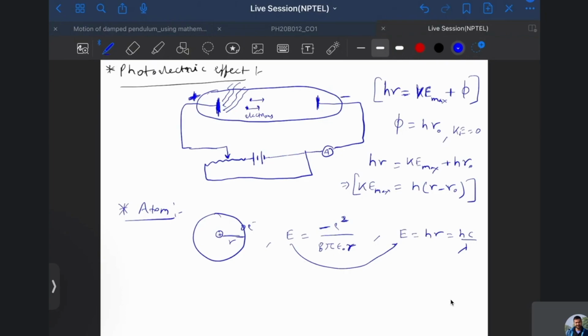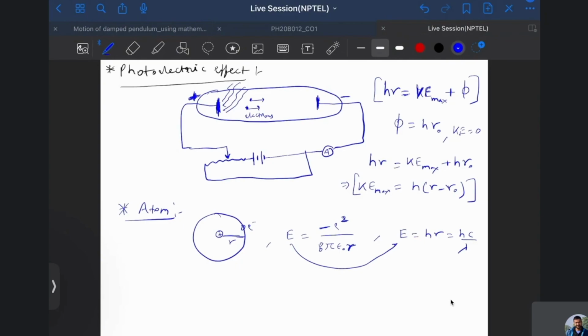Okay, and then there are many energy levels for any atom, and basically there are many wavelengths in the spectrum of an element, and this is called a spectral series, okay.